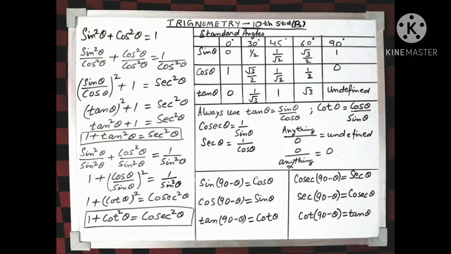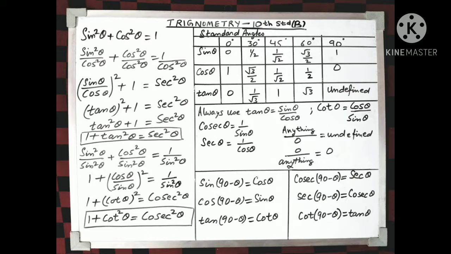So now we have some complementary angle relations for these 6 T ratios. The first is sine 90 minus theta is equal to cos theta. Cos 90 minus theta is equal to sine theta. Tan 90 minus theta is equal to cot theta.